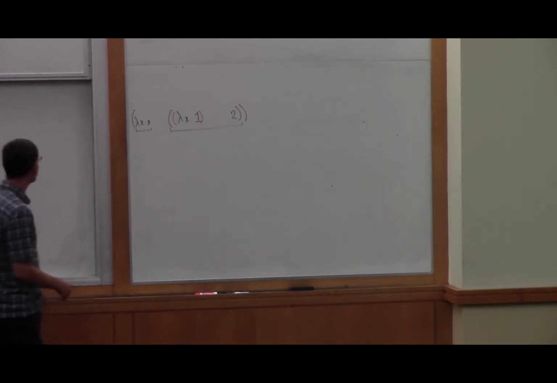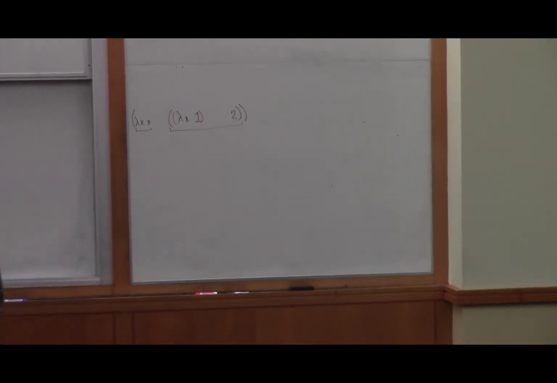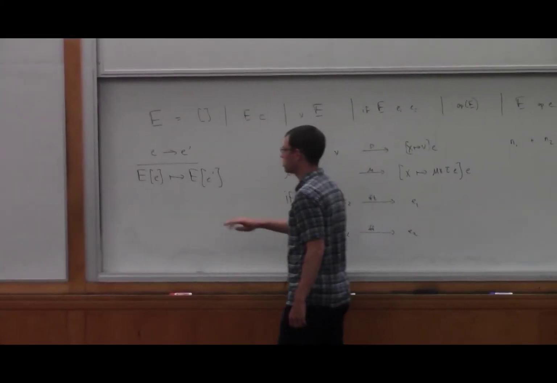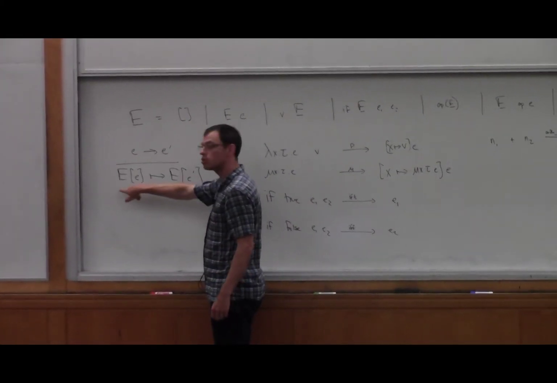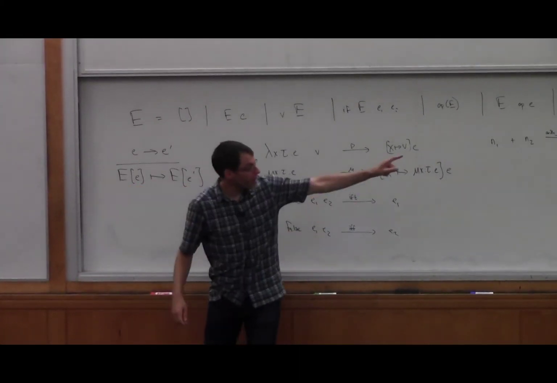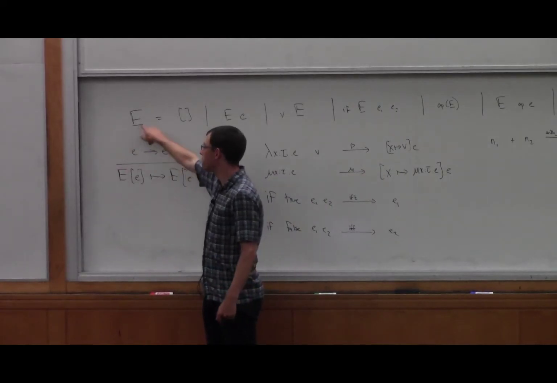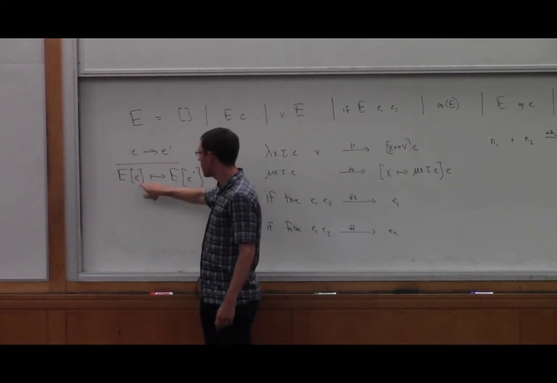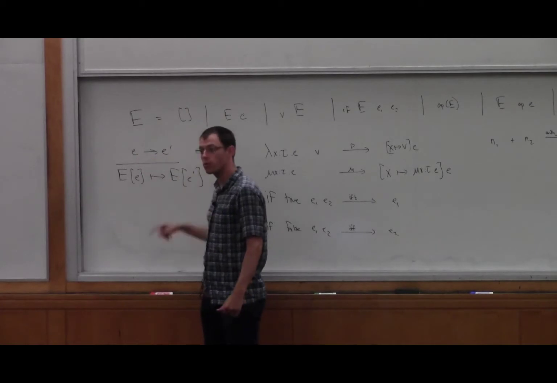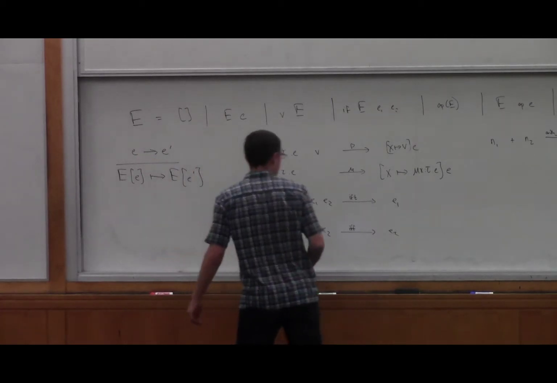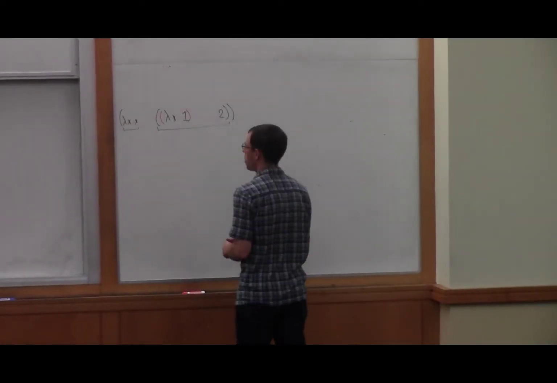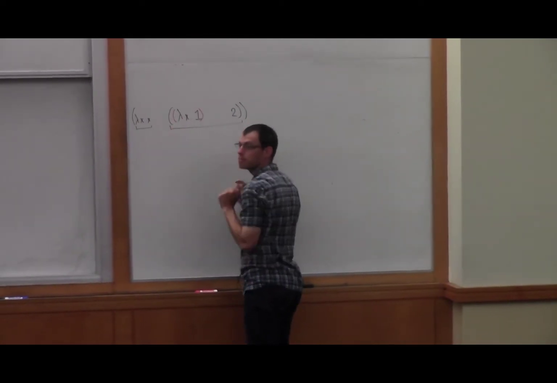So that means we need to be able to decompose this term on the left, the one I've written there, into some big capital E and some little e where we can reduce. And you can probably guess that the term we're going to want to reduce is this one.